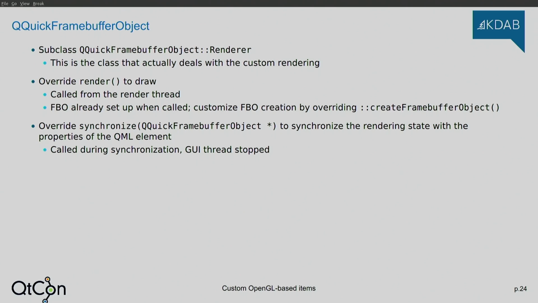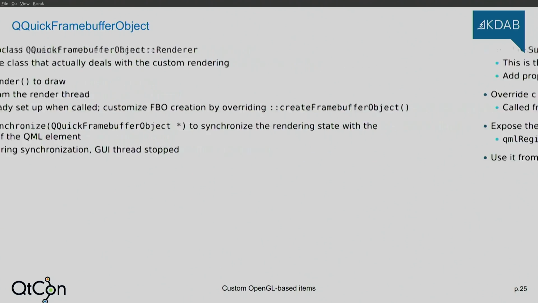When there is the synchronization step, the synchronize method will be called, passing in a pointer to our front-end class. We can use this opportunity to synchronize the rendering state from the main thread into the render thread. That's the only moment when it's safe to do so without any explicit lock. The GUI thread is stopped when that method gets called.